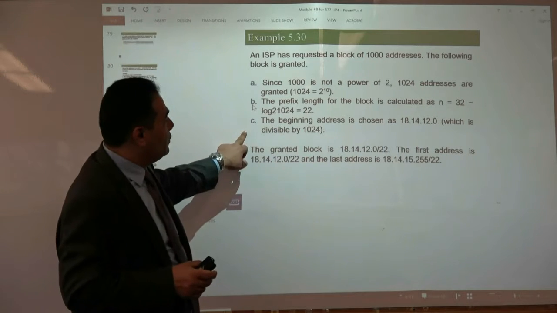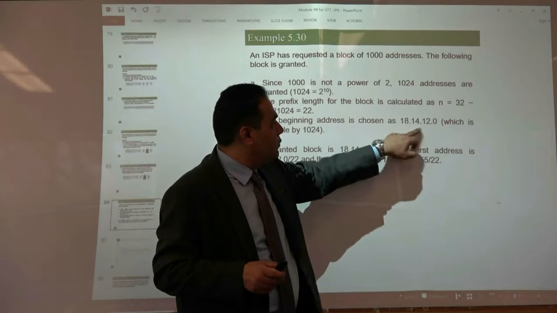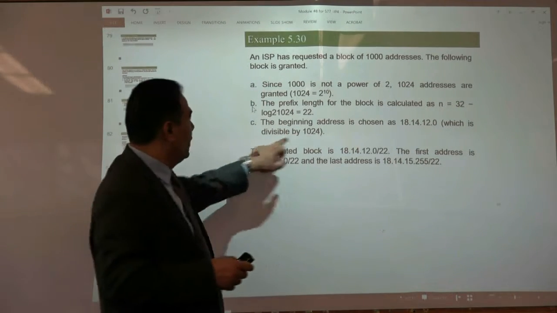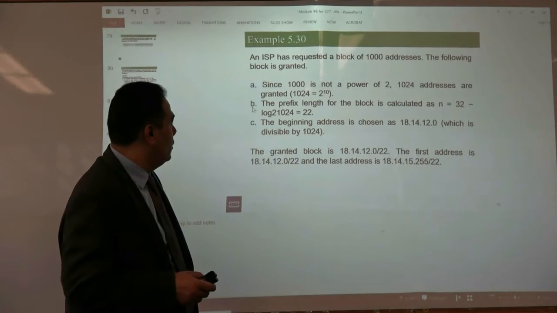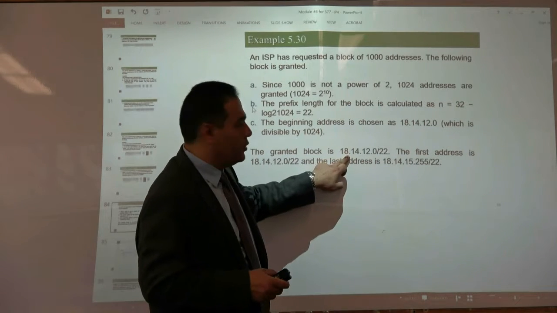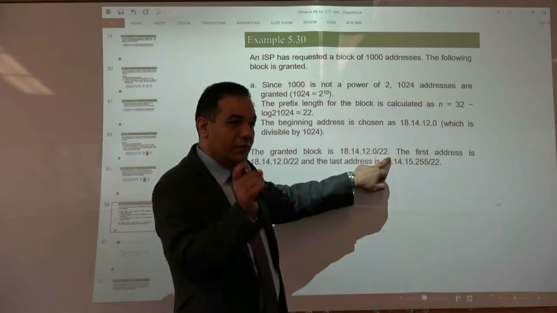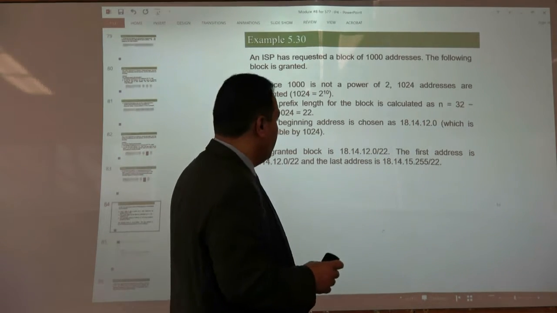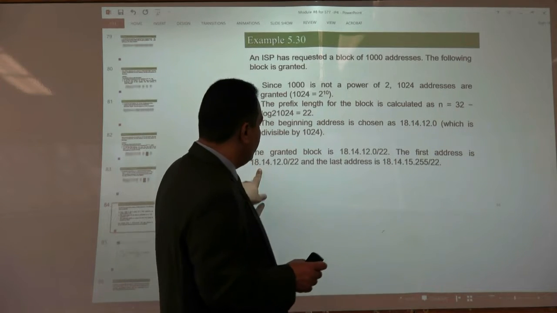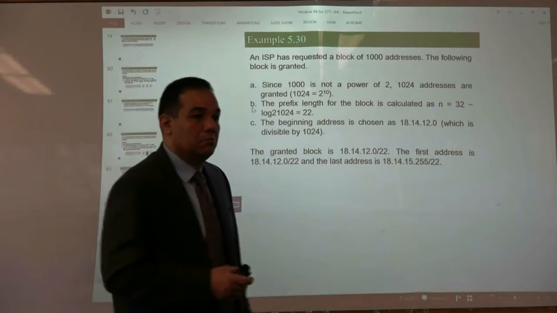So the beginning address is chosen, which is divisible by 1,024. The granted block starts from this first address. 22 is the number of ones for that. You know how to calculate the first address, and the last address is this, you know how to calculate it.